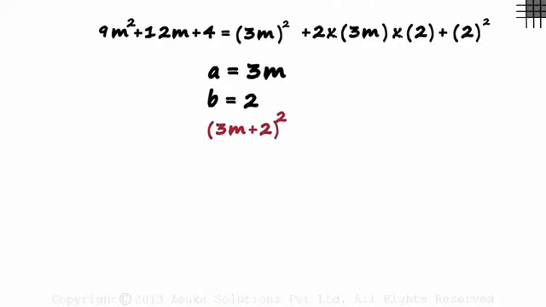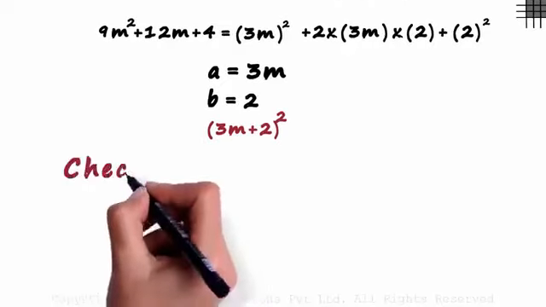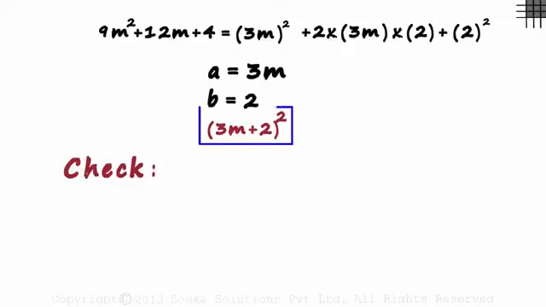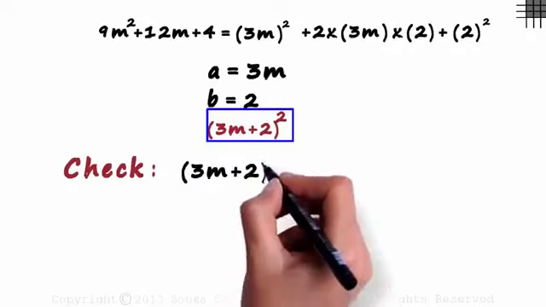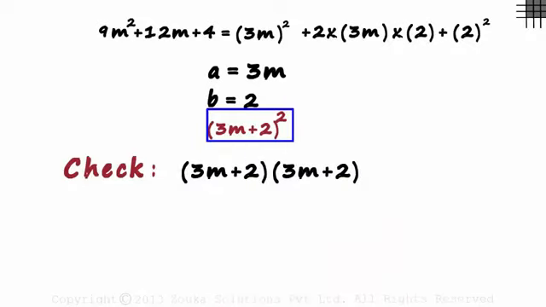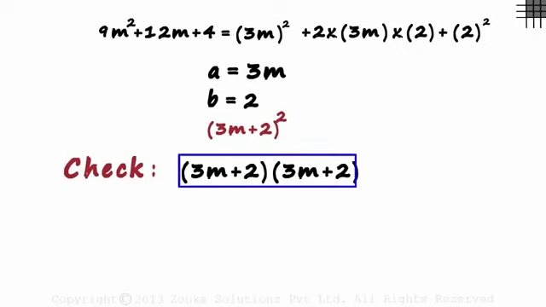Now that we are done with the factorization, we should check our answer. We solve the factorized expression and see if we get the original expression. (3m + 2)² can be written as (3m + 2) × (3m + 2). We use the distributive property to expand the brackets.